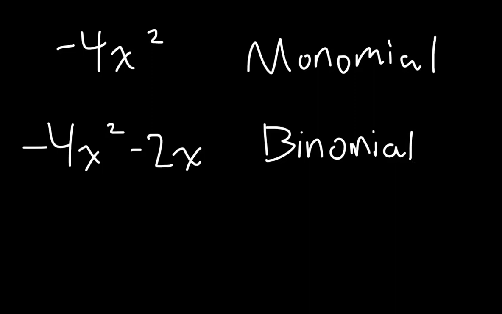And then, from there on, basically, you can just call it a polynomial. Binomials, I think, also count as polynomials. If you remember, poly means many, right? Just think of polygon, right? So that's just some terminology that you should know.